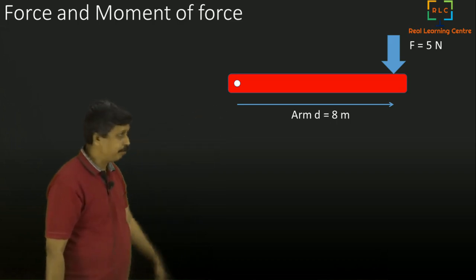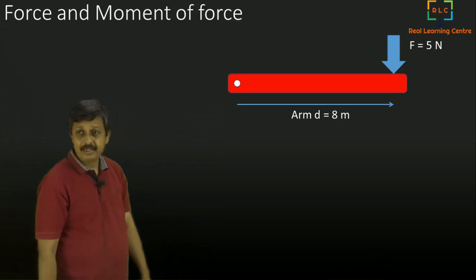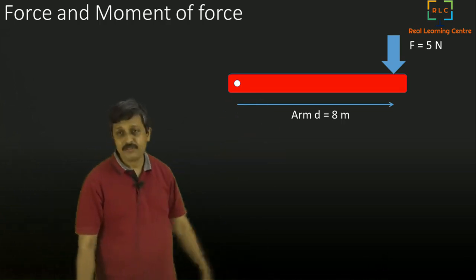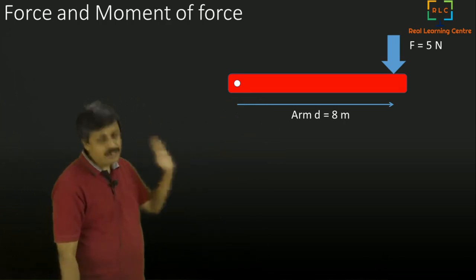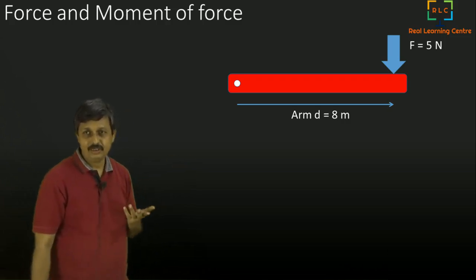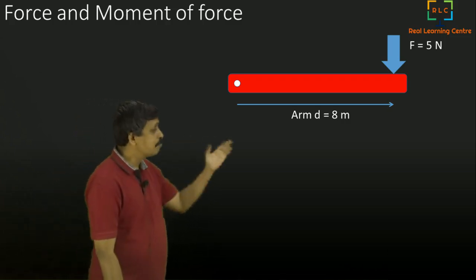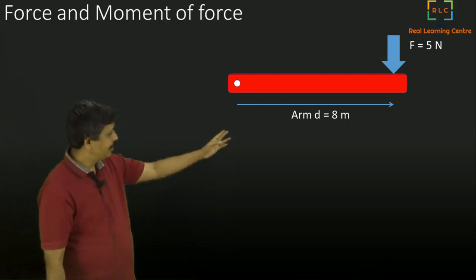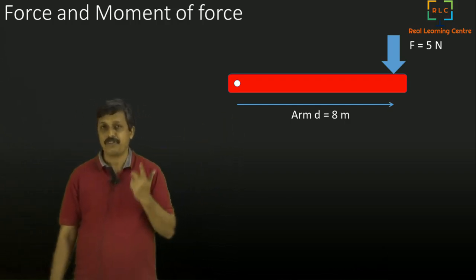You apply a force of 5 newton, and the distance at which you apply the force from the axis of rotation is what we call the arm length, here d is equal to 8 meters.